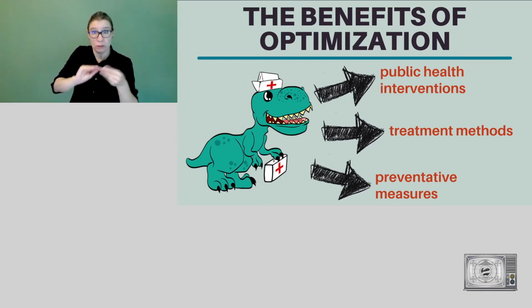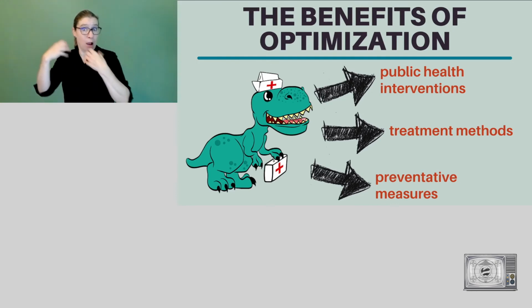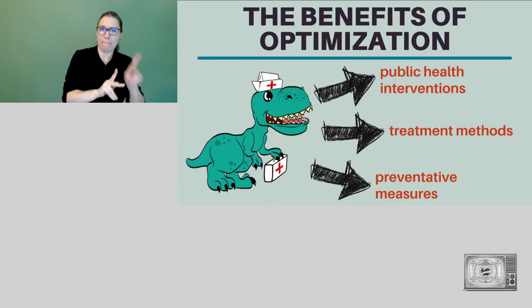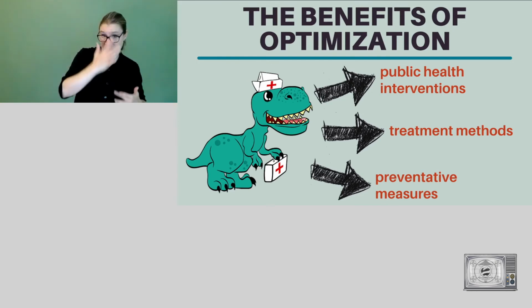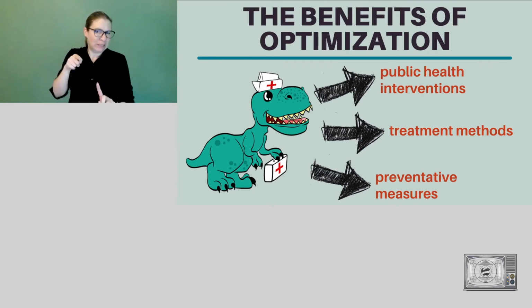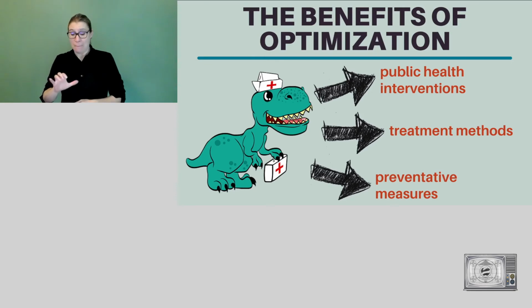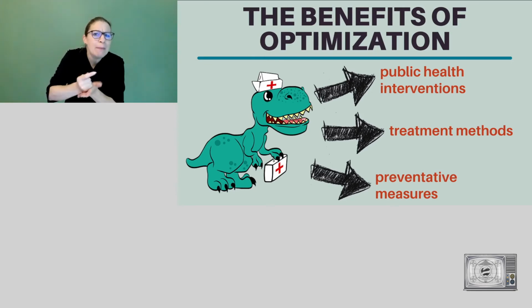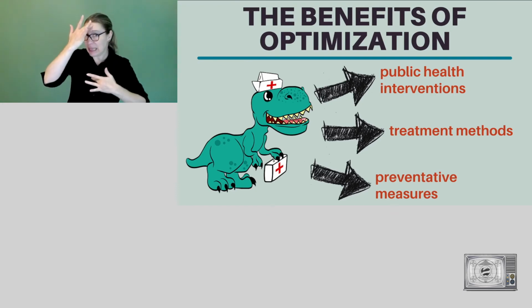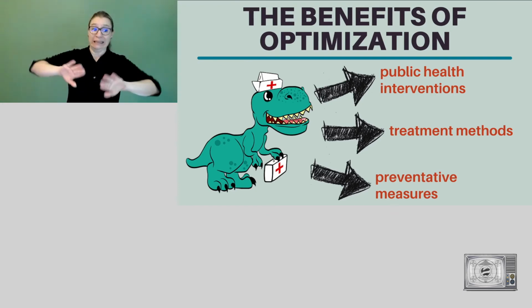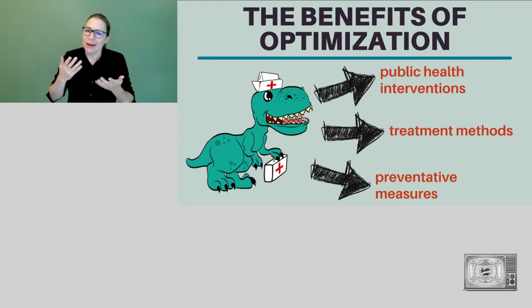Essentially, optimization helps us to understand what measures need to be put in place to increase the number of recovered and decrease the number of susceptible and infected individuals for a given disease system. These public health interventions can include specific treatment methods and preventative measures like social distancing and mask wearing, which we have been oh so familiar with throughout the COVID-19 pandemic.